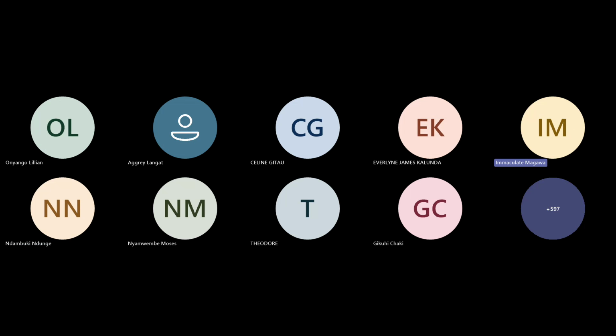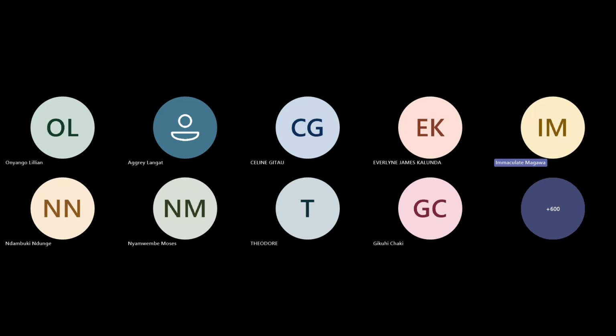If she is or he is your senior, okay, this is how you will say, may it please you, my lord. Now you're starting, that's your opening address. May it please you, my lord or my lady, depending on the person sitting, with the kind permission of my senior, I would like to introduce the quorum. For the state, my name is Ndambuki Ndunge, okay? You're introducing someone who's your senior.